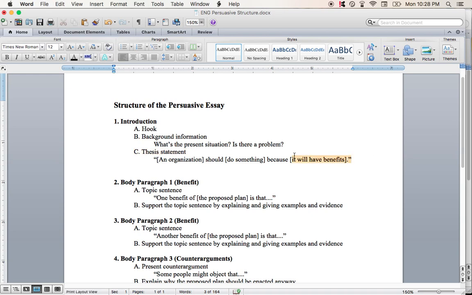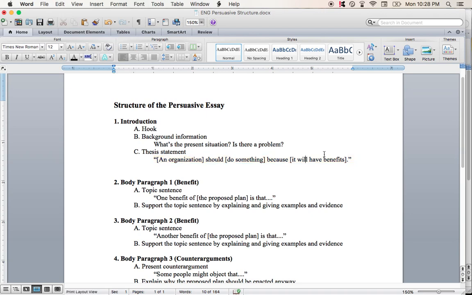So this is an example of how you can write that sentence. JVS, or the town of Malden, or our Dunkin' Donuts location should do something because it will have benefits. Okay? That's the basic formula for the thesis statement.